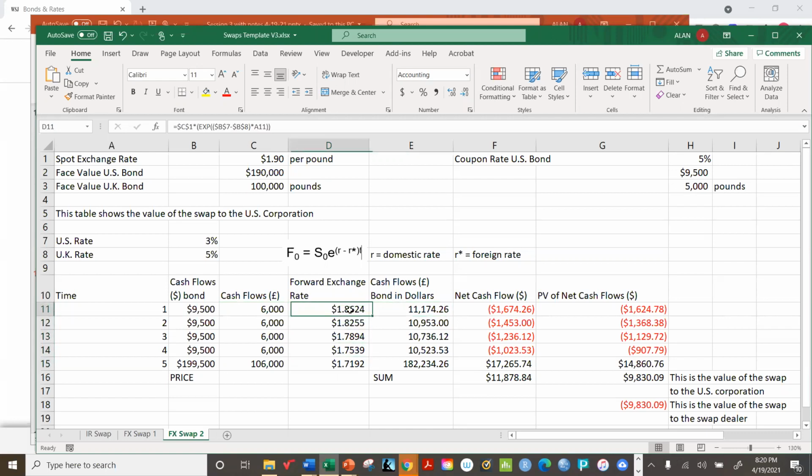So this is the product of multiplying these two numbers together. So these are my cash flows in dollars from the pound bond. And the net cash flow is, of course, the difference between the dollar bond and the pound bond.